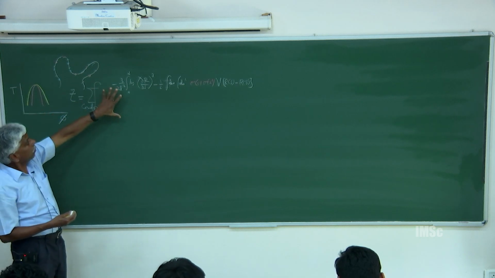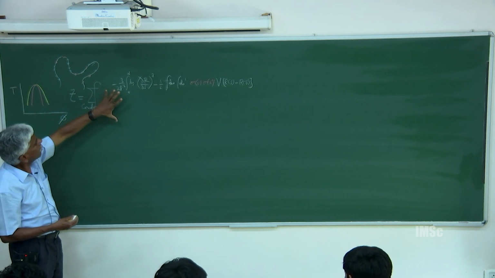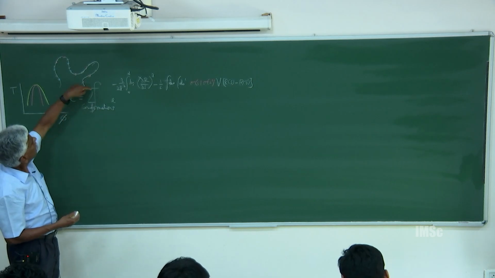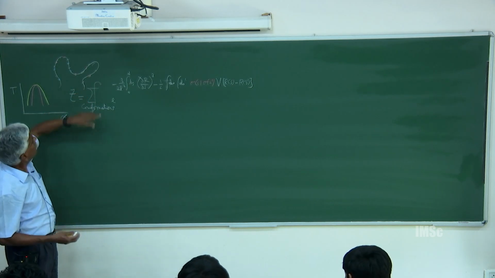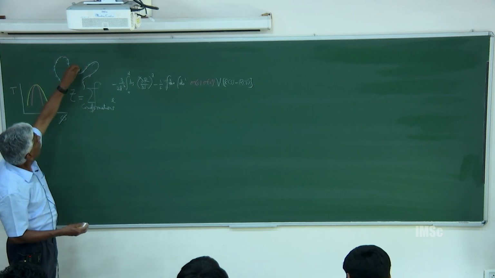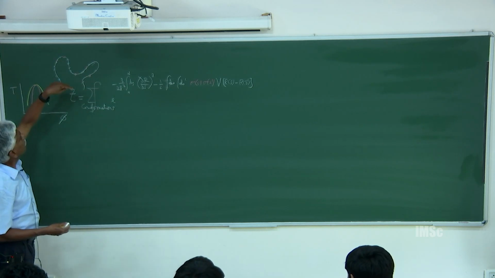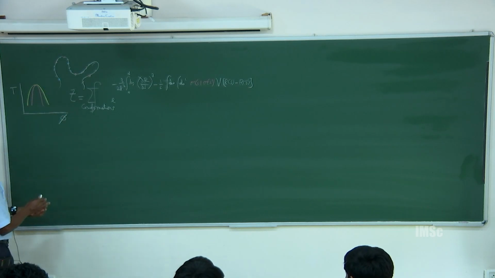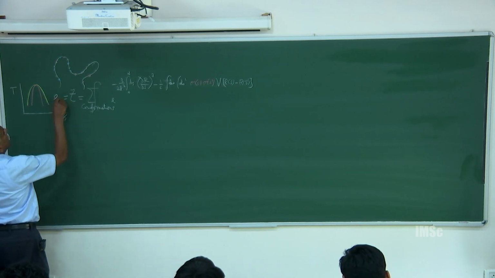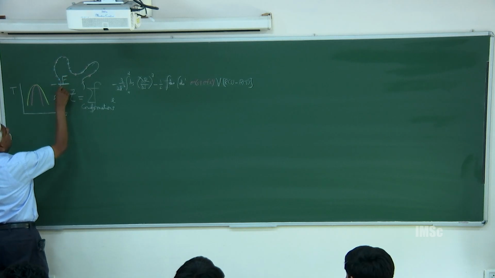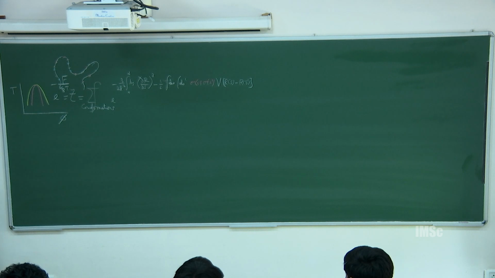I'll explain in a few minutes how to deal with this one. So this sum and integral means that there are many components, there are small ions, water, and we have to integrate over all those degrees of freedom to get the free energy of the whole system, minus free energy by kBT. This is what one should do, right?